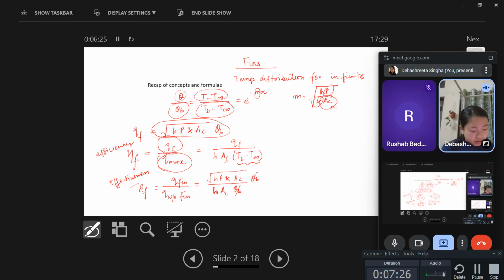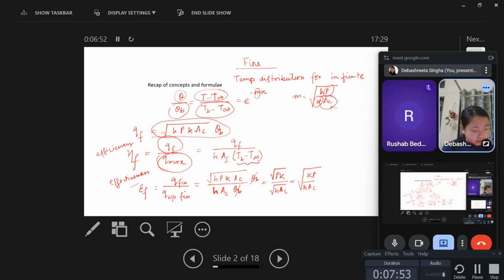If we cancel out these, we get below hAc and on top P and k. So we can write it as root over kP divided by hAc. So this is the effectiveness.